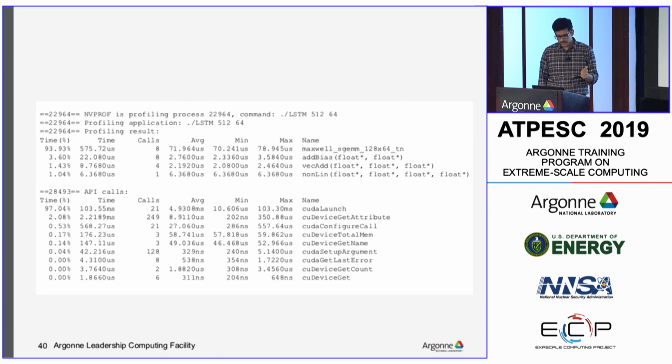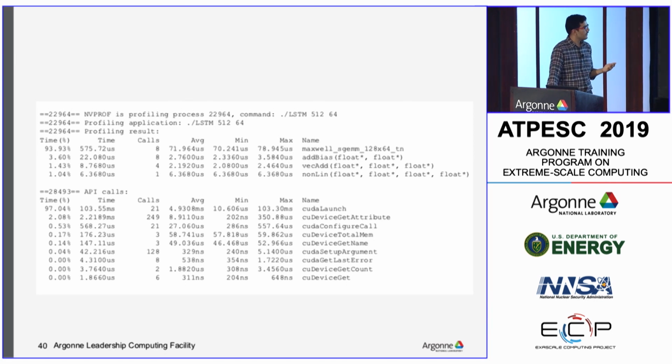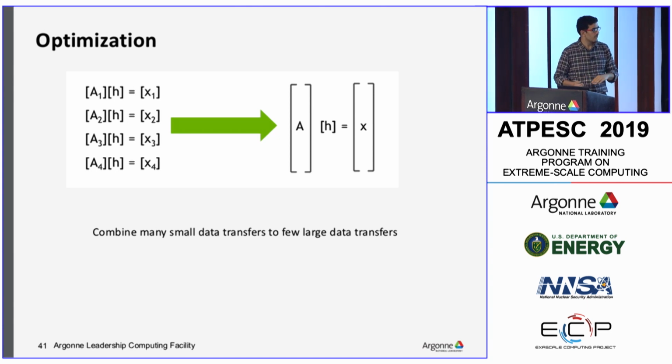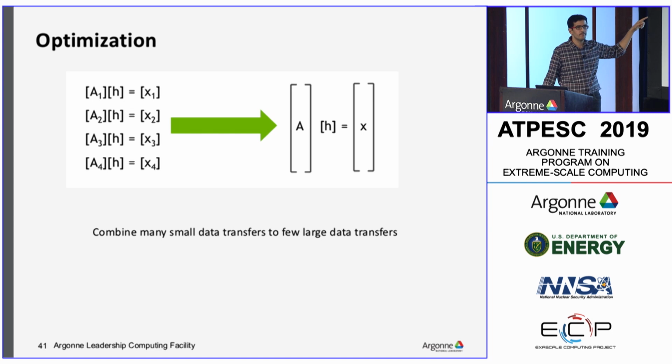Now the other thing is, if you have a large amount of data, we want to understand how we can optimize this much better. In terms of the data transfer, we want to minimize the data transfer overhead. One optimization we could do is, say you are doing A1 to A4 matrix multiplications.